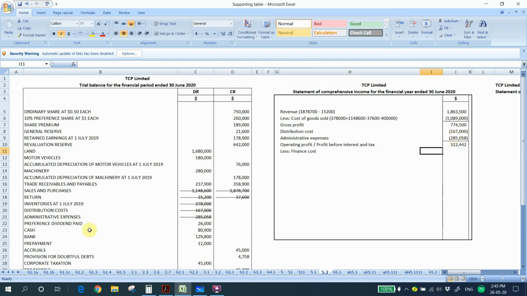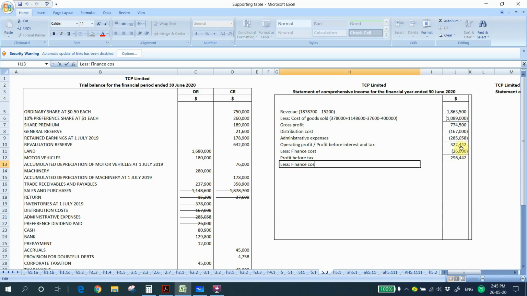The finance cost of the company will be the preference share dividend, which is 26,000. So we minus 26,000 here. So we will get profit before tax, which is 296,442.